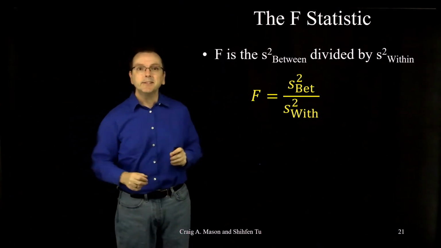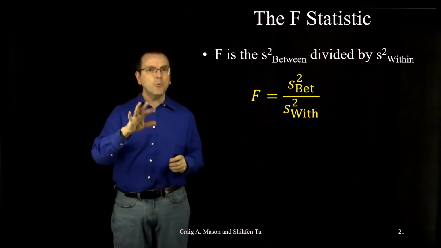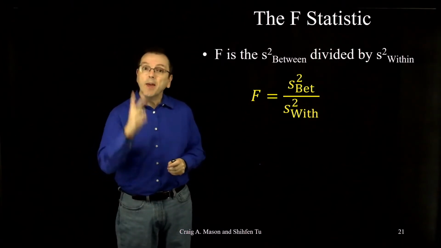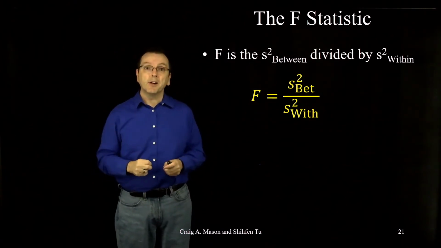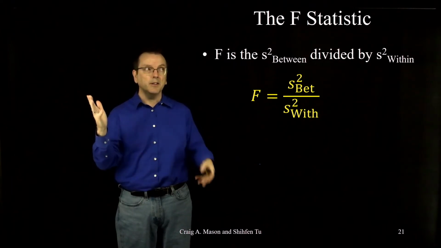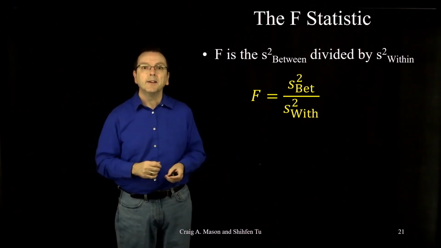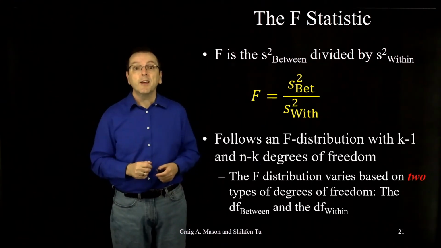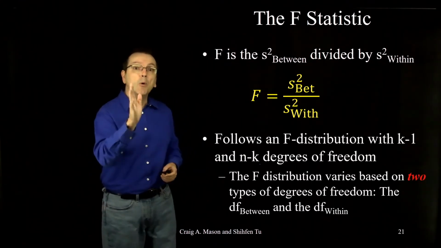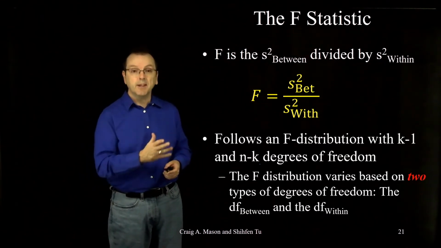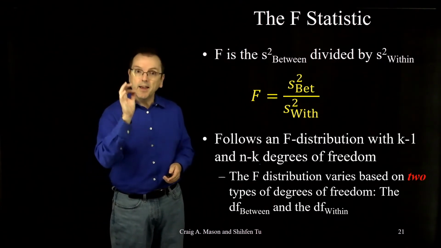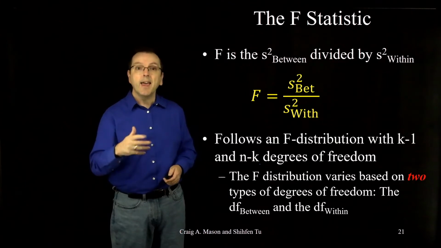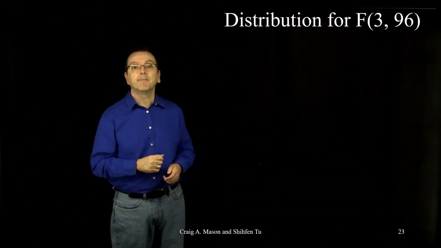The same thing applies here with a little twist. Now we have two types of degrees of freedom, the degrees of freedom between and the degrees of freedom within. So reflecting that, the shape of the F distribution varies based on both the degrees of freedom between, k minus 1, and the degrees of freedom within, n minus k.